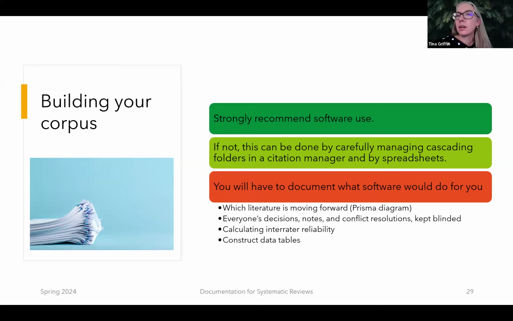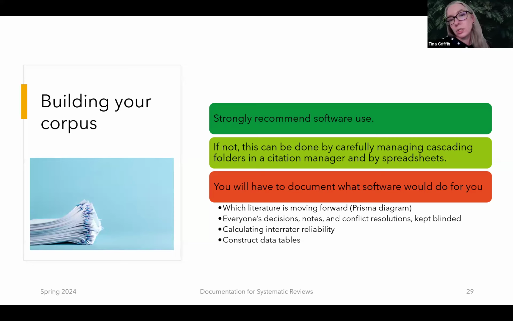If you're doing a very, very small research study and maybe you only have a couple of 100 articles, maybe a couple thousand, you could do it by carefully managing cascading folders in a citation manager and by spreadsheets and things like that. But even then, software is still your best option.